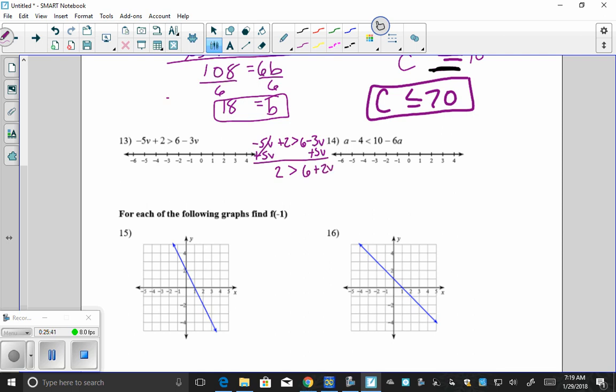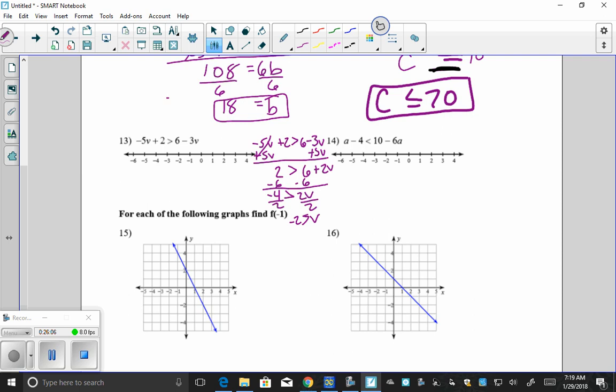Because remember, anytime you multiply or divide both sides by a negative number, you have to flip the inequality. So I'm going to subtract 6. Yes, 6 is negative, but it is not multiplying or dividing. It was just subtracting. Divide by 2, and you get negative 2 is greater than v.